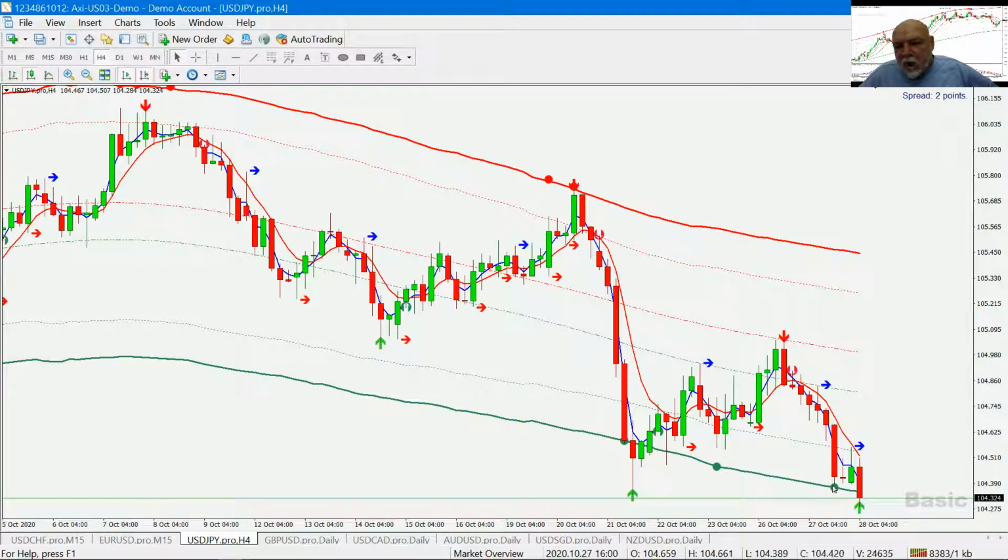Okay, so we've got the dot, we've got the alert here. So on the 4-hour chart, this is telling me go ahead and see if you can't go long.